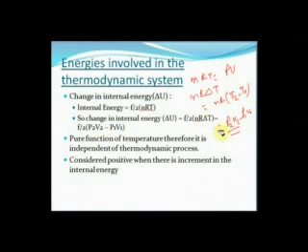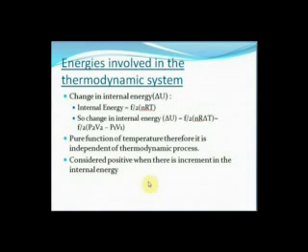So with this we can say that the change in internal energy, that is delta U, can be written as f/2 (P2V2 minus P1V1). Now the change in internal energy is a pure function of temperature, so it is independent of the thermodynamic process. It will only depend on the final temperature and the initial temperature.